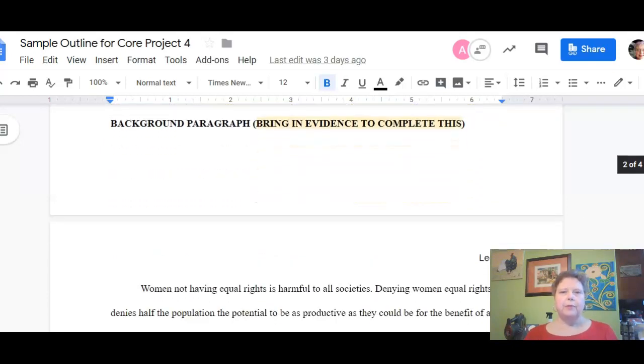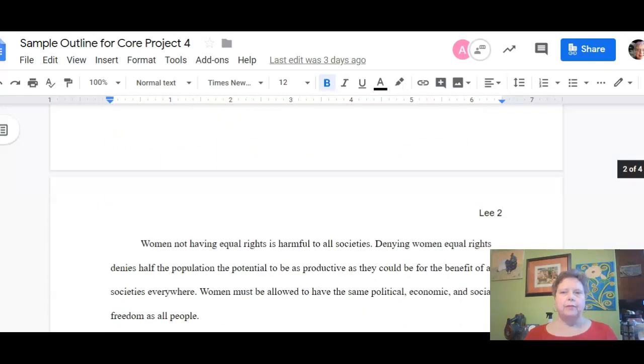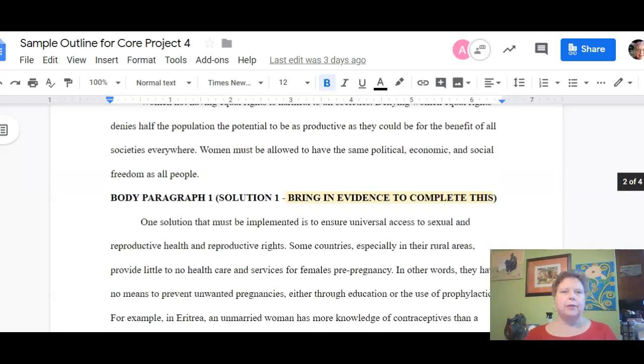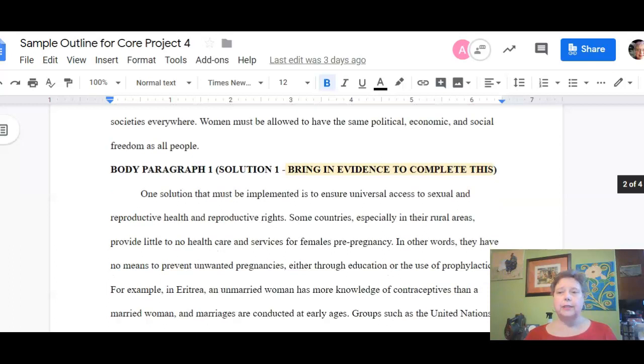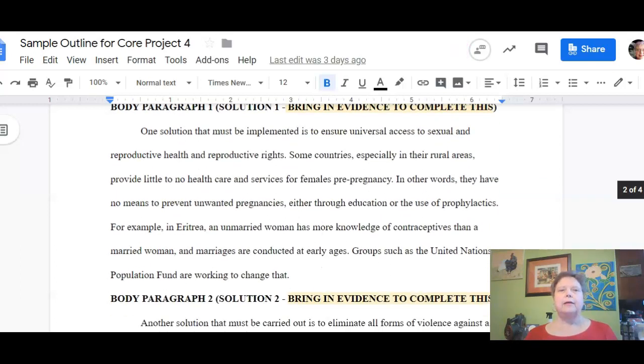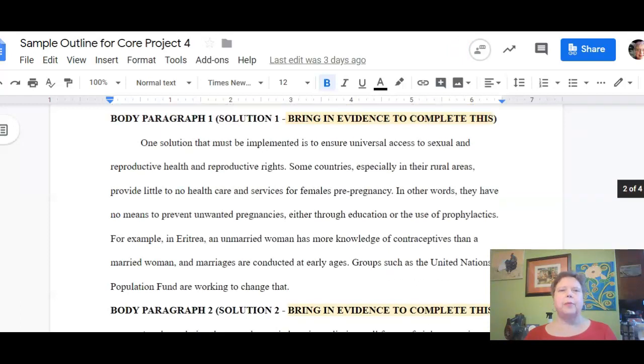And then the background paragraph that you need to bring in evidence to complete it. I put just a little bit of information in there, but not nearly enough evidence to show the extent of the problem, but you will in your essay. And then I started a body paragraph for you just so you could see what I'm talking about.